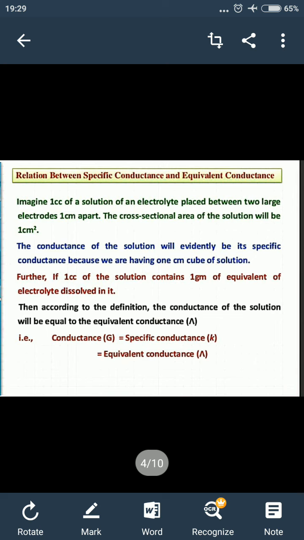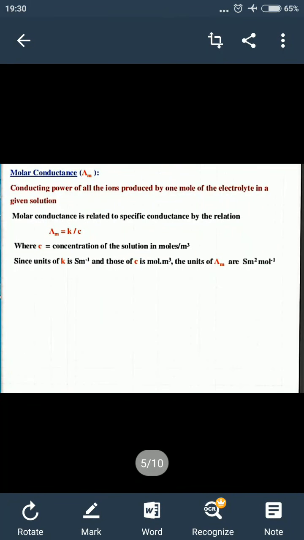Further, if 1 cc of the solution contains 1 gram equivalent of electrolyte dissolved in it, then according to the definition, the conductance of the solution will be equal to its equivalent conductance. So we can write conductance is equal to specific conductance, and it is also equal to the equivalent conductance.